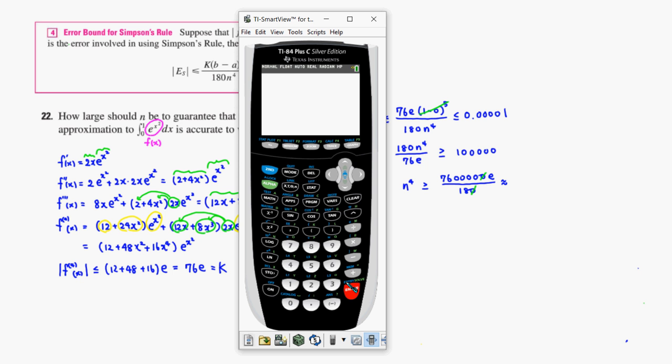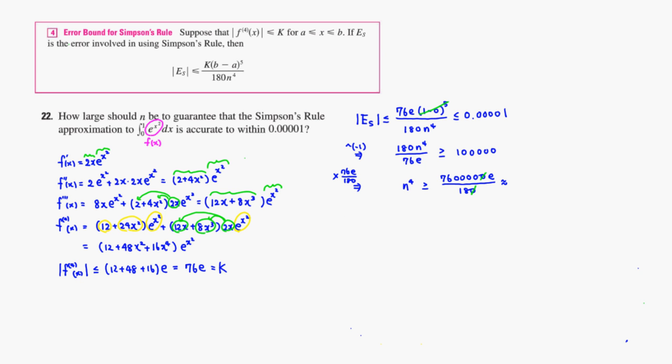Oh, actually, I forgot to take the fourth root, so let me do that first. I realize the number is really big. So n is greater than or equal to the fourth root of 7,600,000e over 18.